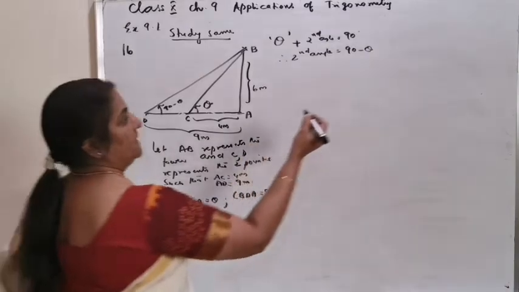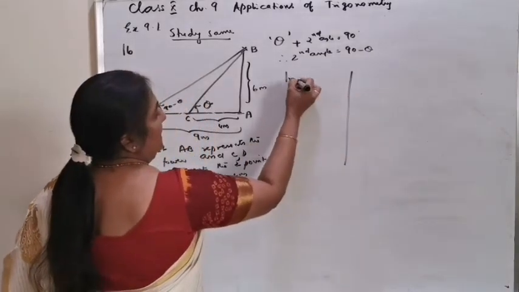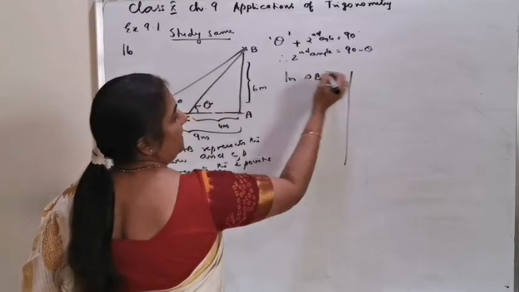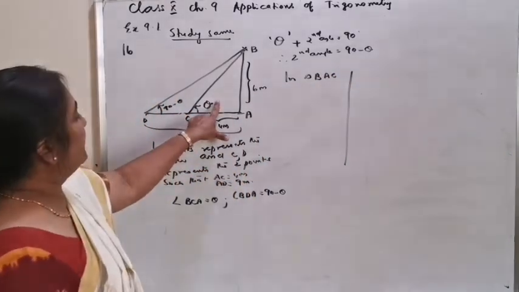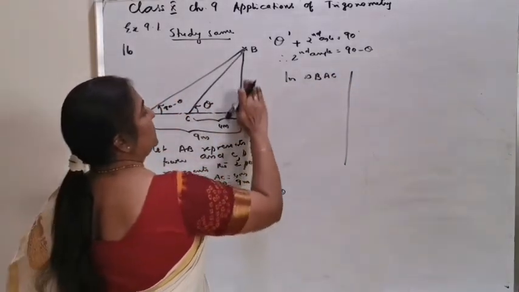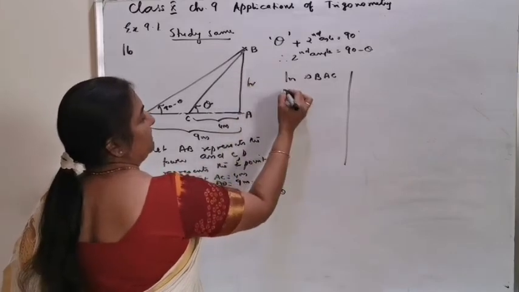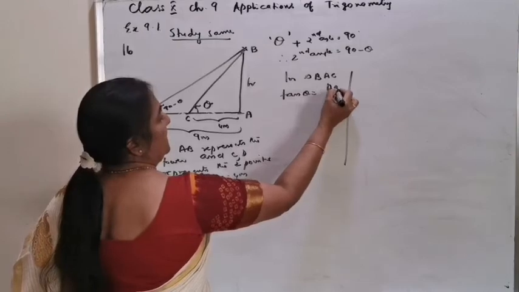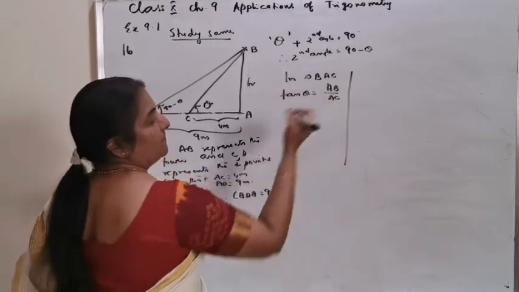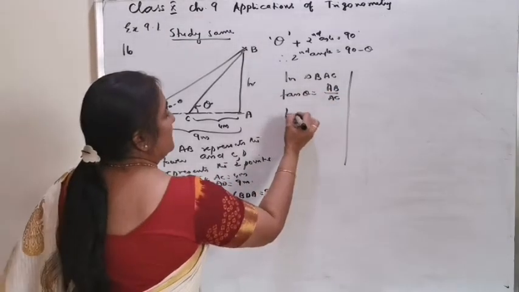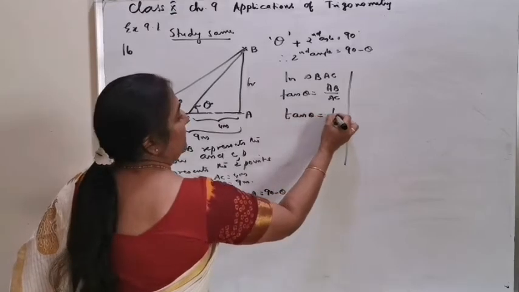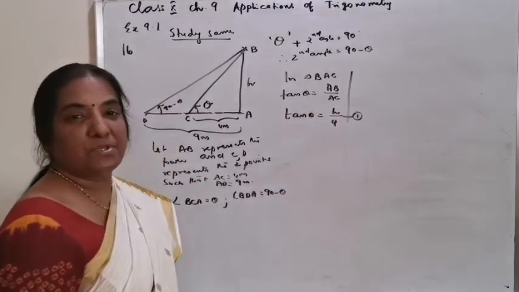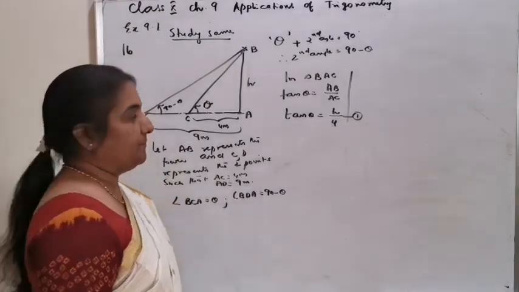So the same triangles we are considering. In triangle BAC, tan theta is equal to AB by AC. You have to prove the height, so leave it as H. Tan theta is equal to H by 4. Leave it as such because there is no simplification possible there.